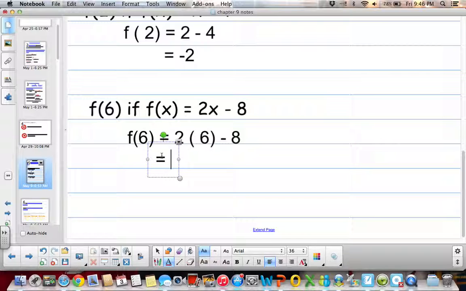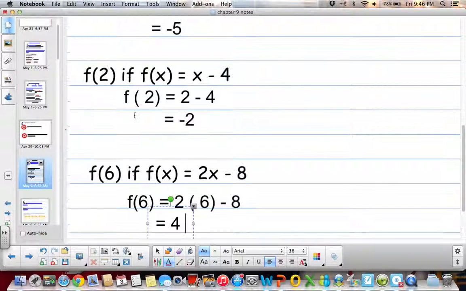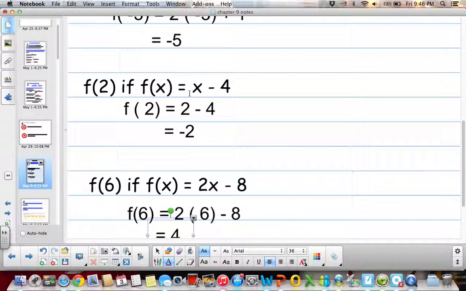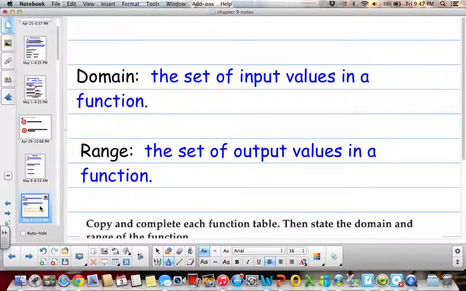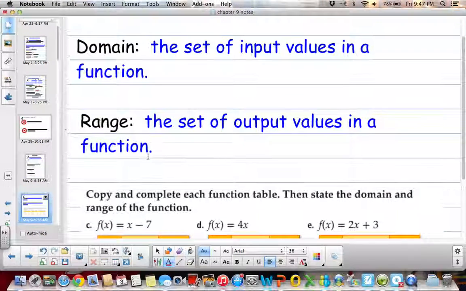So f of 6 equals 4 for that function. If we did f of 6 in a different function, we would obviously get a different answer. So whatever number you're given for x, it always has to go with the function it's paired with.